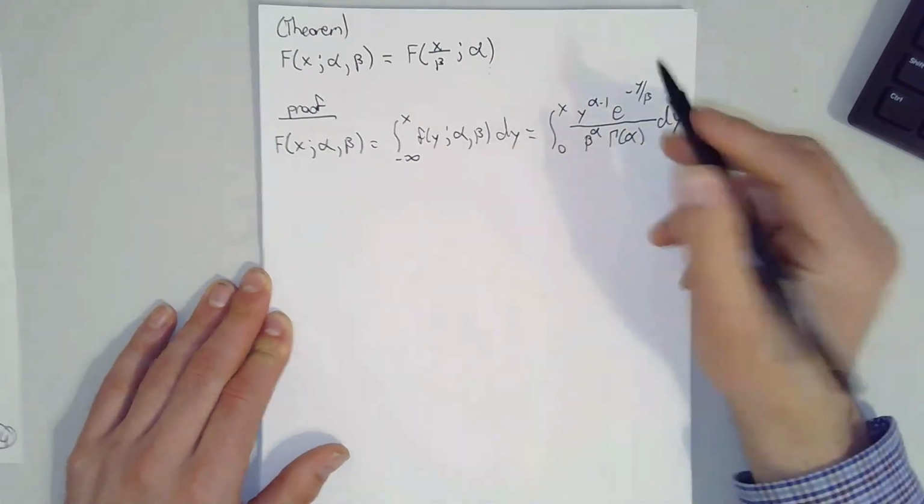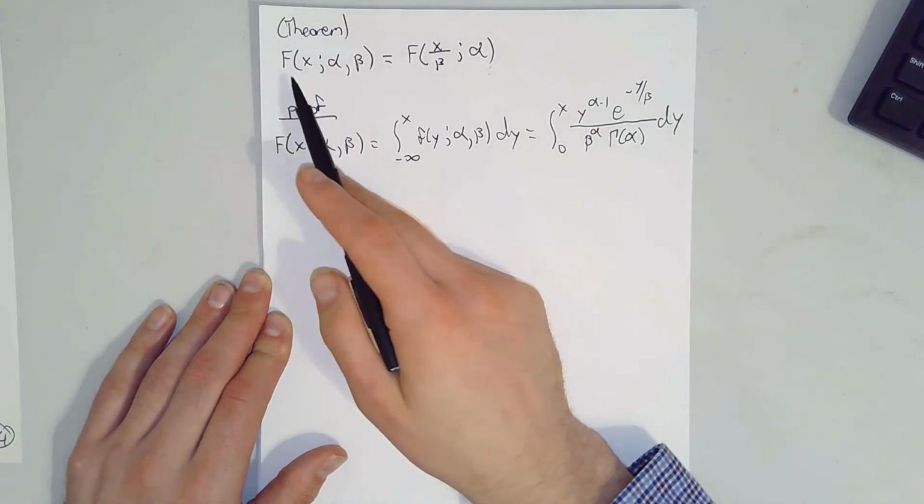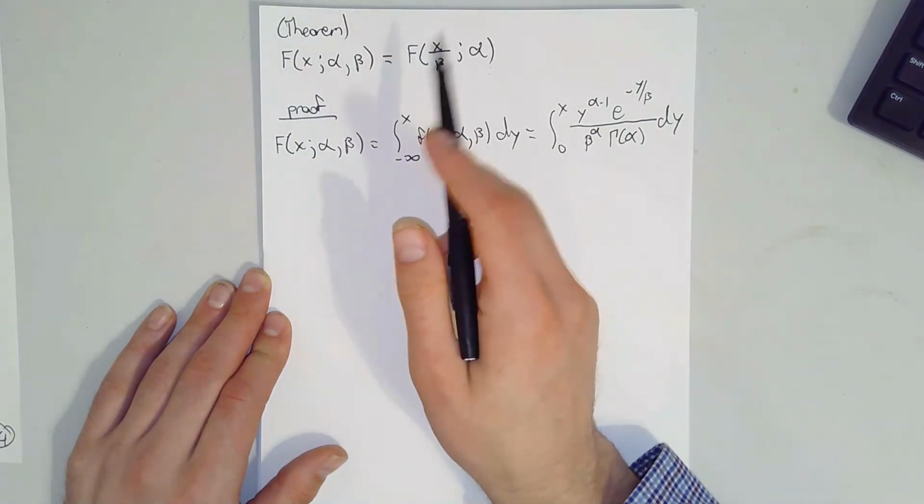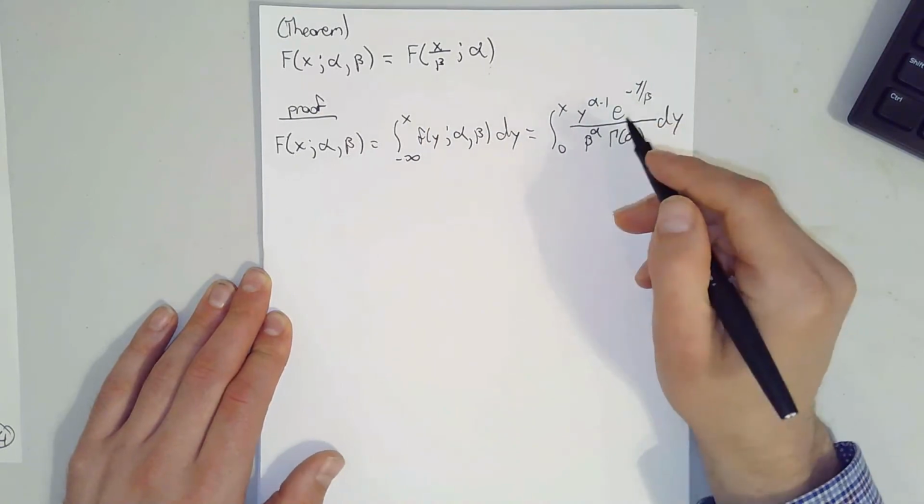From here, where our argument was x, we want to get to x over beta. So we're going to use the same method as before.